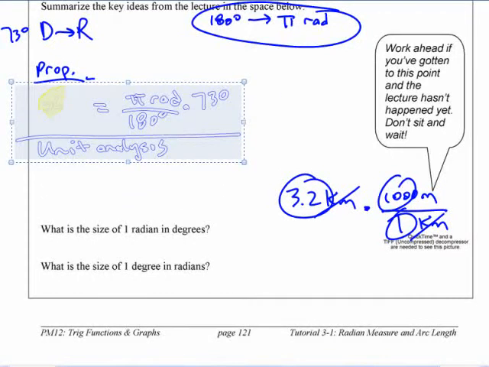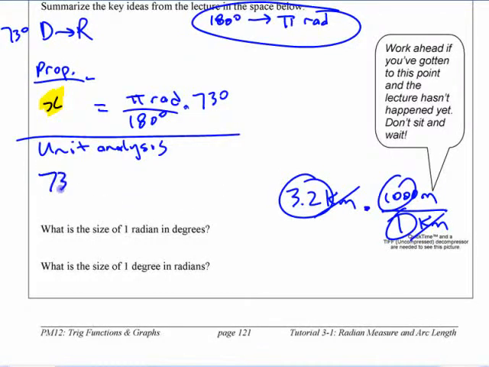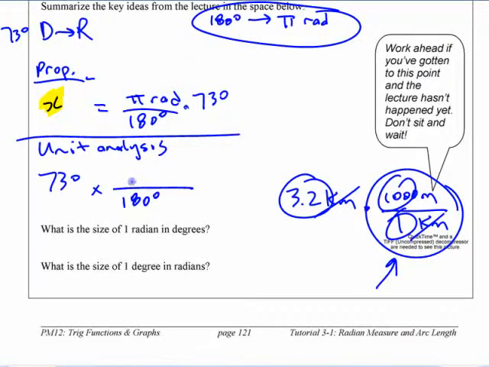You could say if I want 73 degrees and I want to get rid of degrees, I can multiply it by a fraction that's equal to 1. So if you kind of resonate with this unit analysis method, please do it that way. Do it some way that makes sense to you. If you want to get rid of degrees, you can say I know that 180 degrees is equal to pi radians.